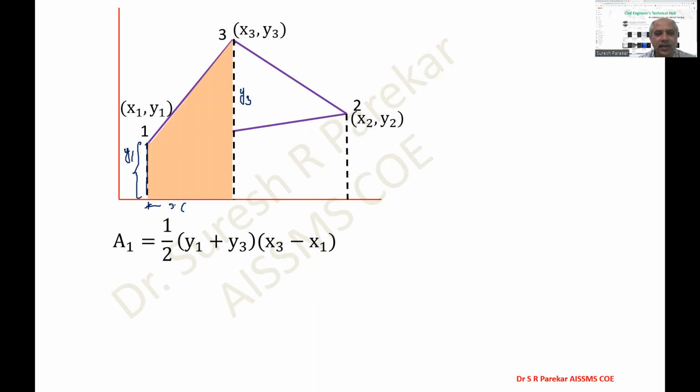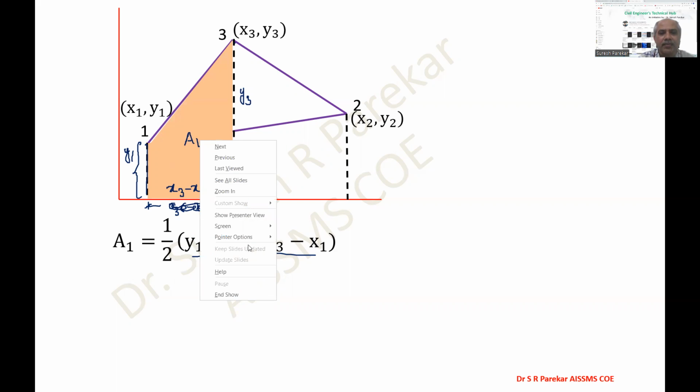So this distance is x3 minus x1. So 1/2, we have the summation of parallel sides into height. So I will get the area of this as A1.